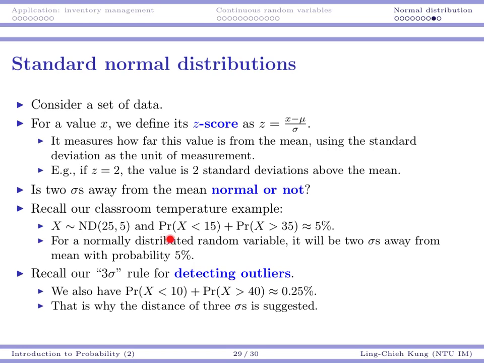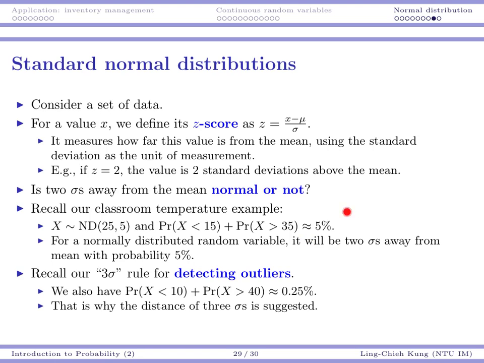So this probability exactly tells us, for this normal distribution, the probability for your x to be far from your mean by at least 2 standard deviations, and that's just 5%.